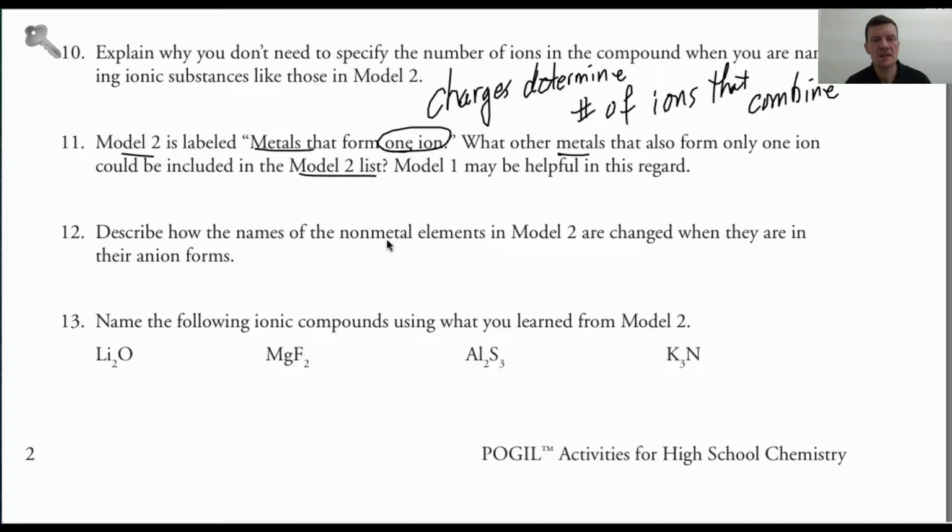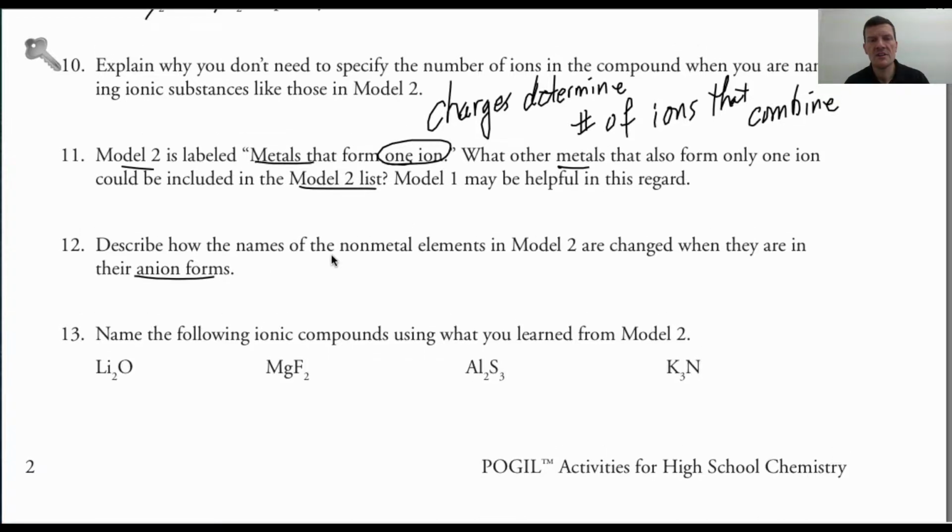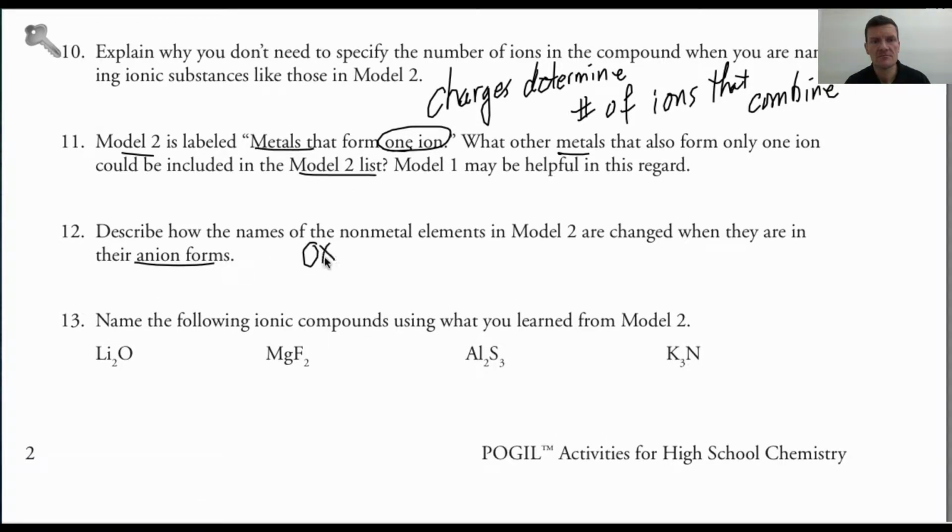Describe how the names of the nonmetal atoms are changed when they are in their anion form. Okay, so if you take oxygen, and it becomes an ion. Oxygen is always going to want to gain 2 electrons to form an ion.